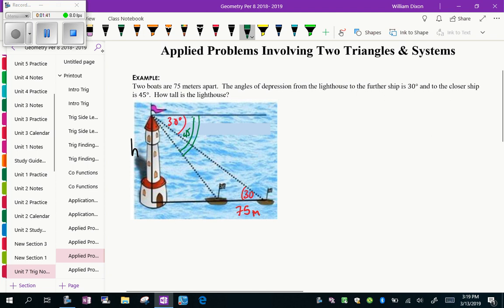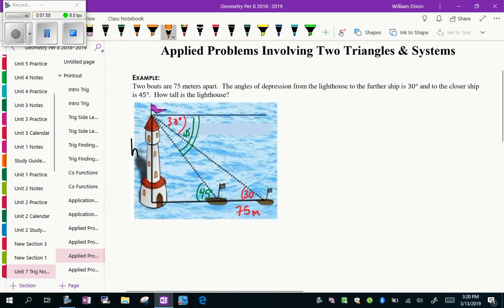So I know this angle of elevation, again from its sight line, is going to be 45 degrees. All right, so we have two triangles to look at.